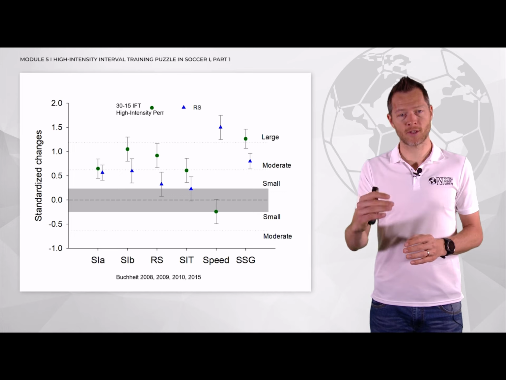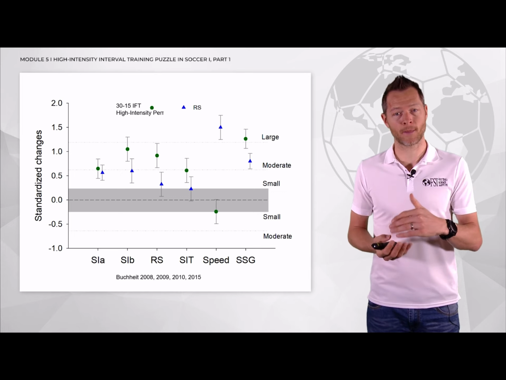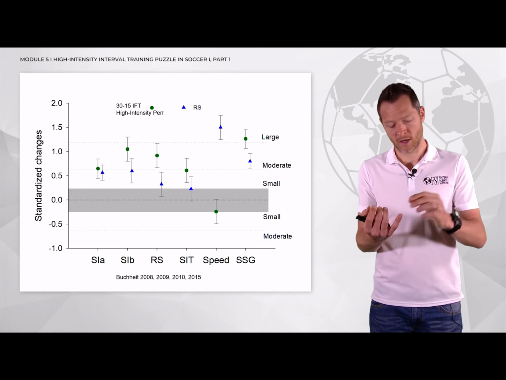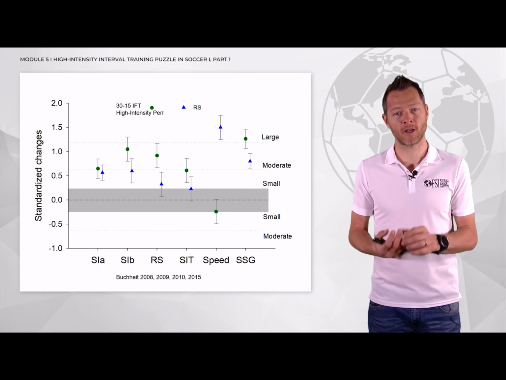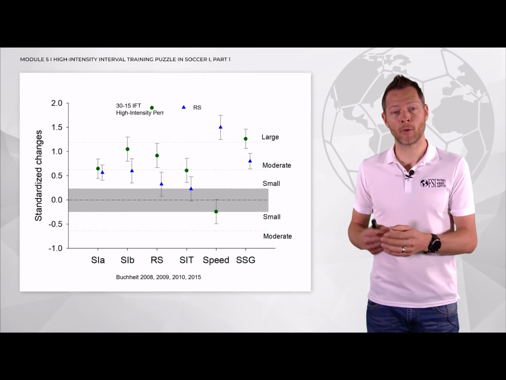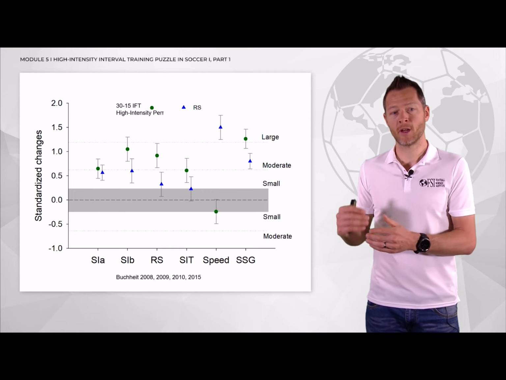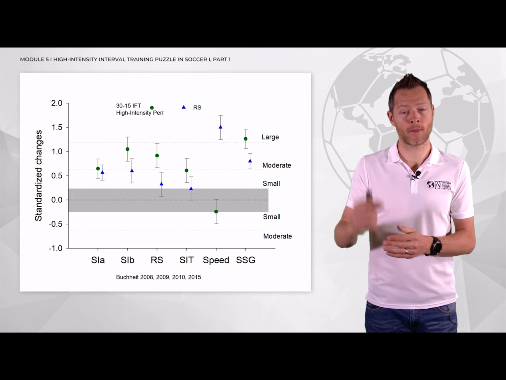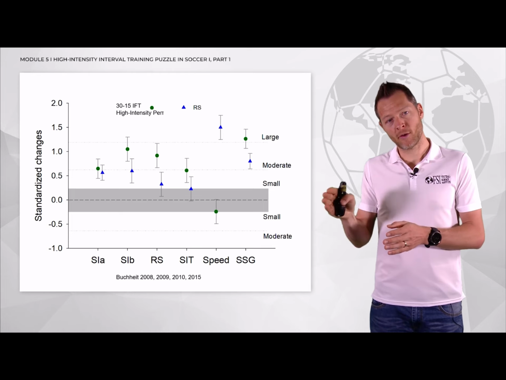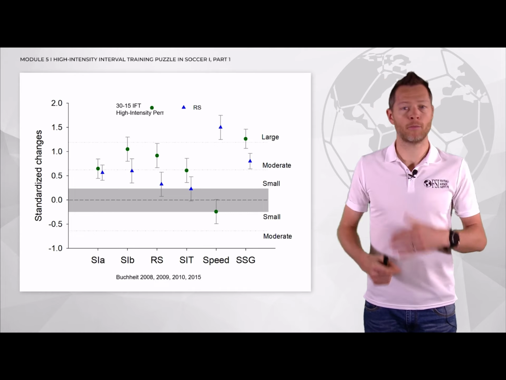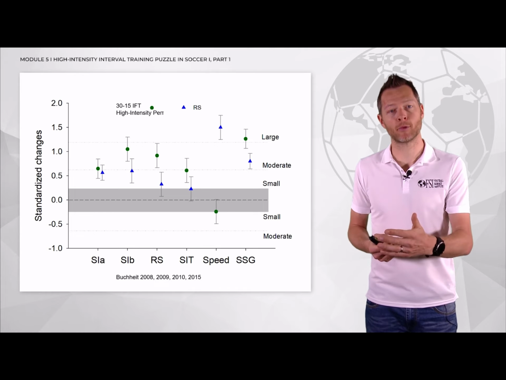You see, for those, the improvement is a moderate type of improvement for both high-intensity running and repeated sprint. For repeated sprint training, we have almost the same effect. For sprint interval training, so long sprints, again we have an effect as well. A bit further on the extreme right, we have small-sided games, and again you see both types of performance improved.